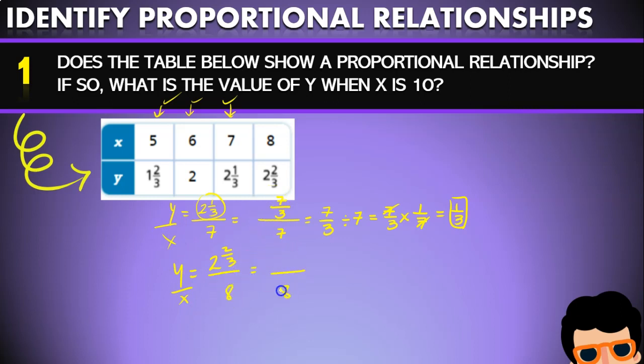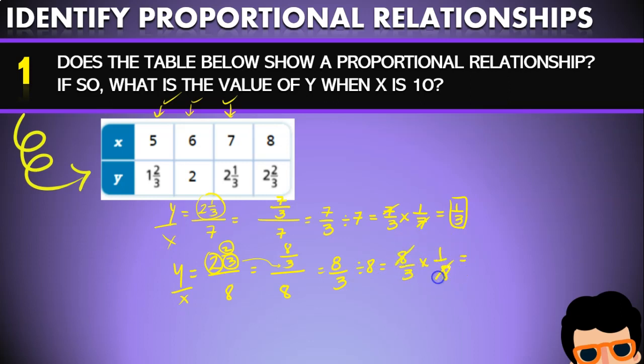So in order to transform that mixed number, we multiply 3 times 2, 6, plus 2, 8, and then the same denominator, right? So 3. So 8/3 divided by 8 is the same as 8/3 multiplied by 1 divided by 8.